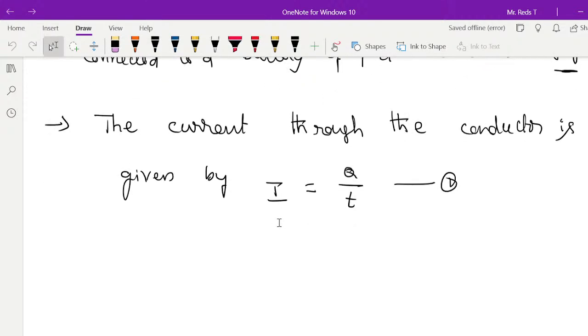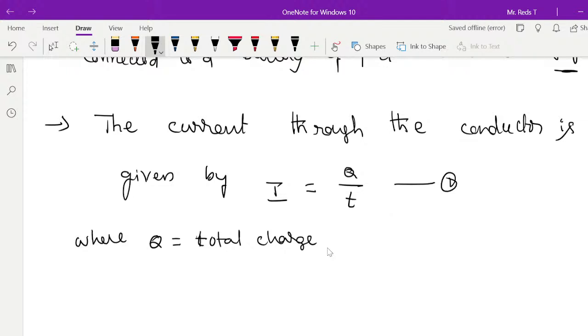So the current through a conductor is given by I is equal to Q by T, where Q is the total charge passing through a given cross section of the conductor in any time.